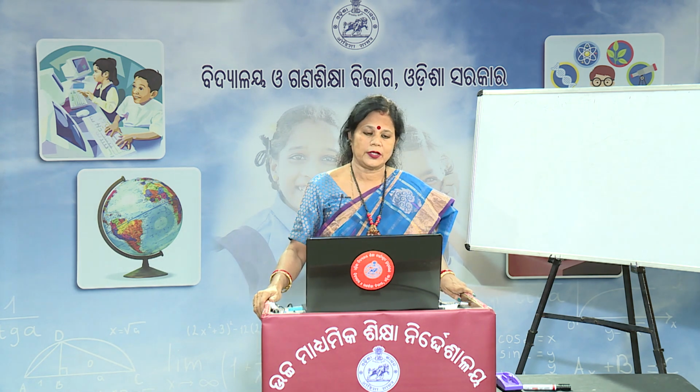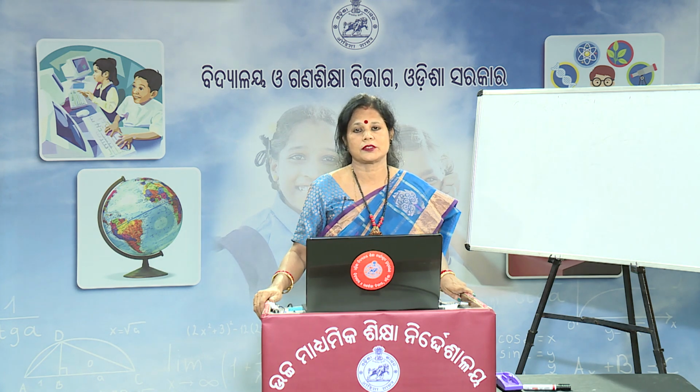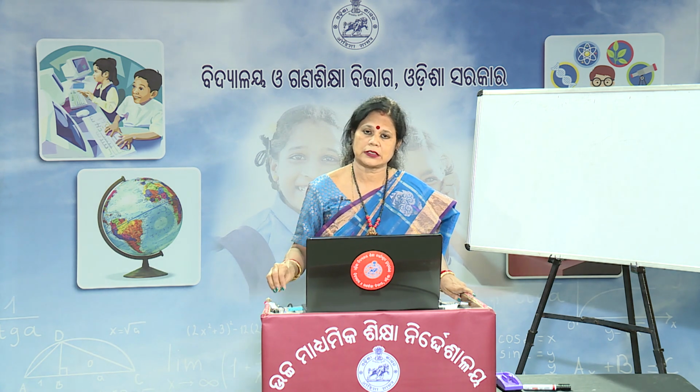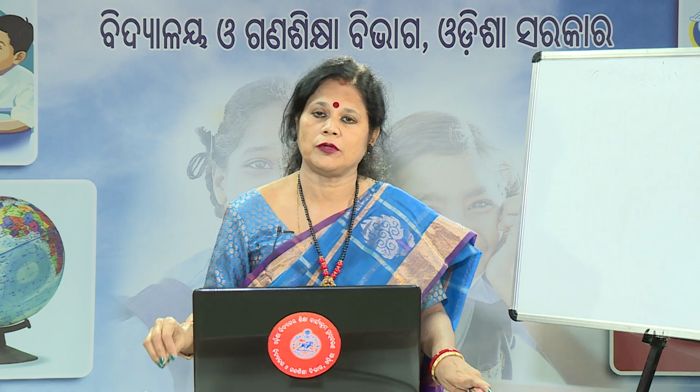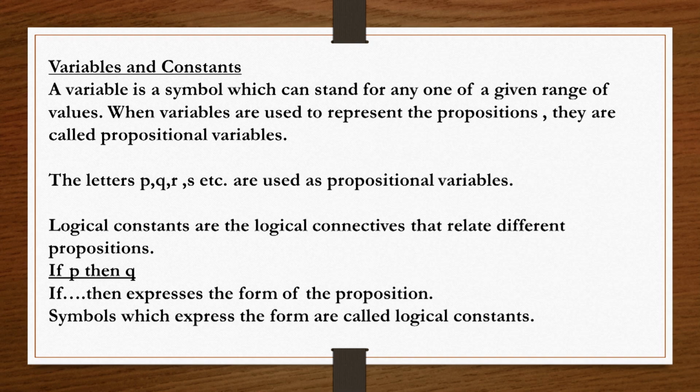In that way, here also in symbolic logic we use some constants, and the meaning of these constants always remains the same; it does not vary from time to time. Suppose you take one example: if there is rain, then the ground is wet.